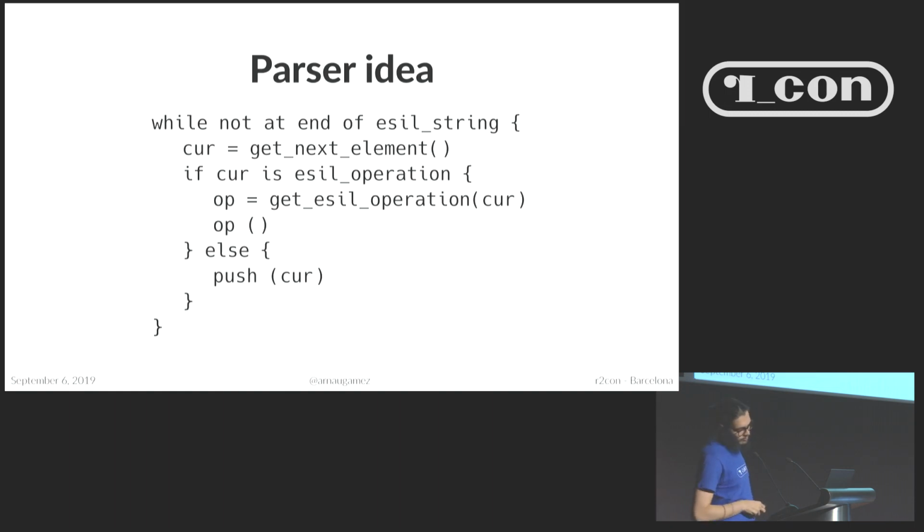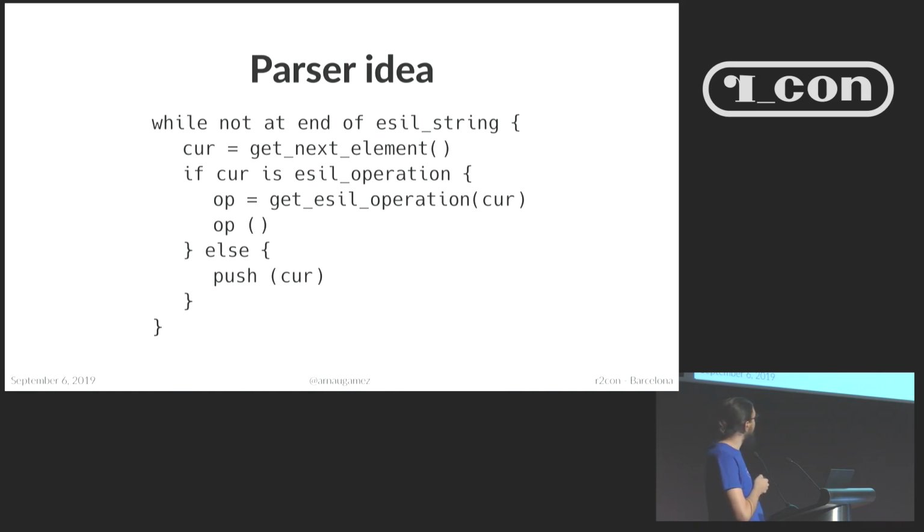And this is pseudocode of the idea of the ESIL parser, so it's really easy to understand. As we said, ESIL is string based, so we will have literally strings with comma-separated tokens. If we are not at the end of the ESIL string, then we will get the next element of the string and call it the current one.